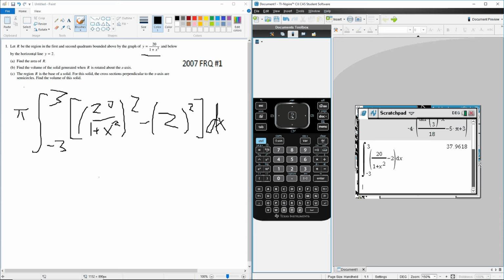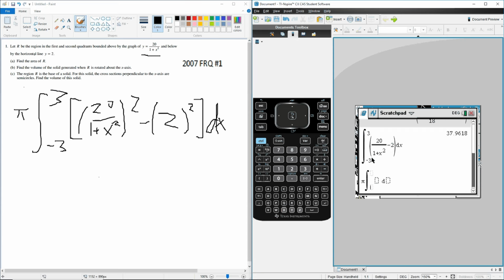We can't do this by hand, obviously, so let's input it into our calculator.